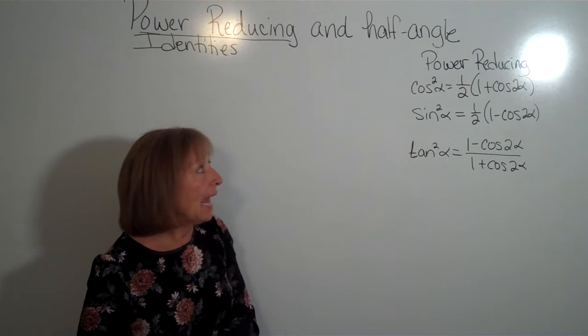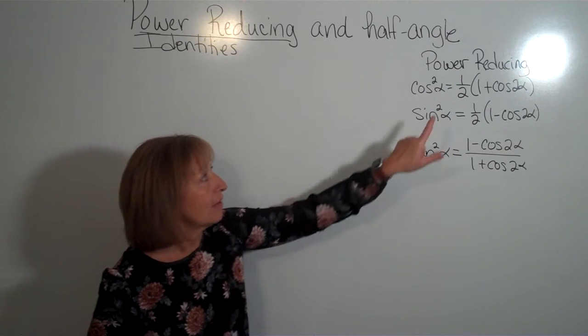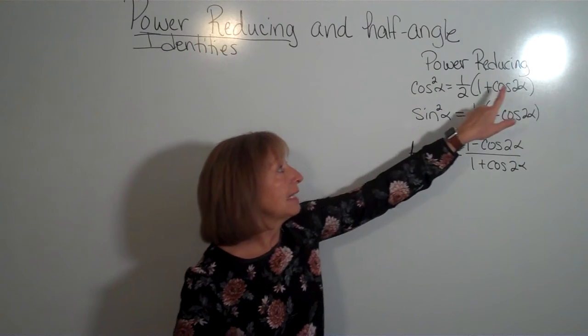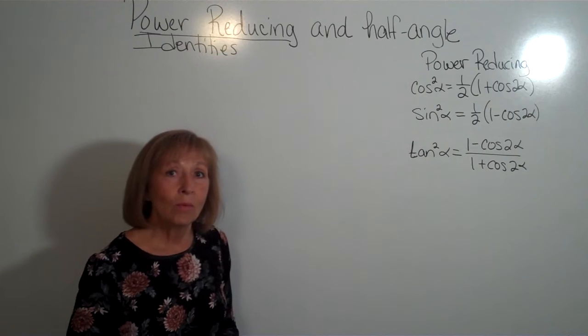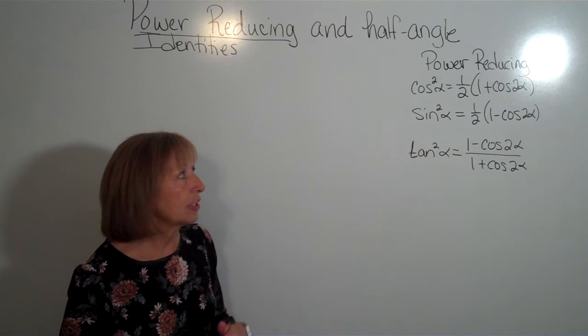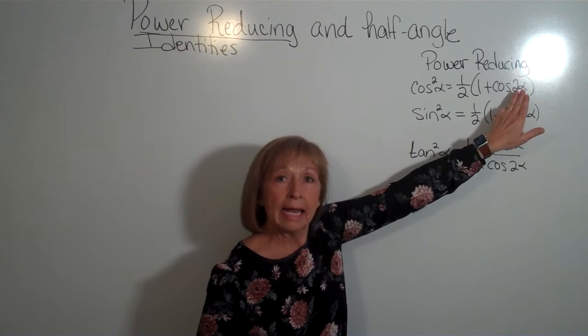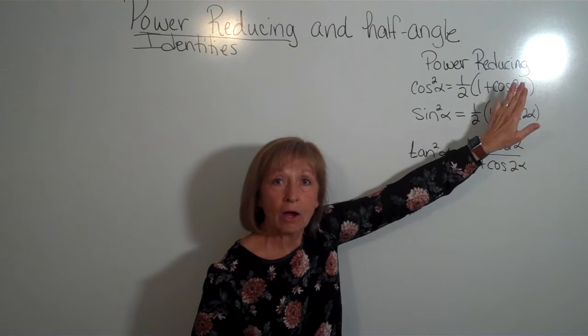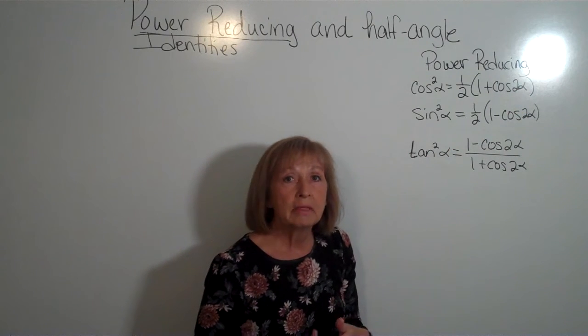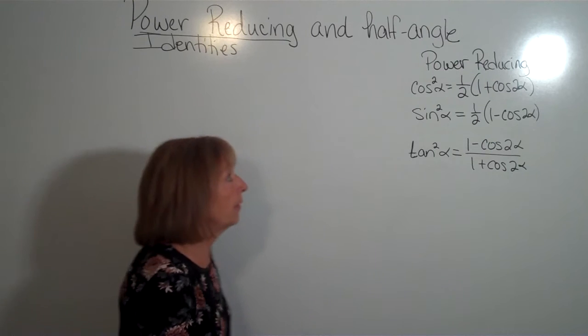So if we actually looked at, instead of writing this alpha and writing 2 alpha, what if we looked at just calling our angle inside the parentheses our original angle? Let's just call that theta, for example.